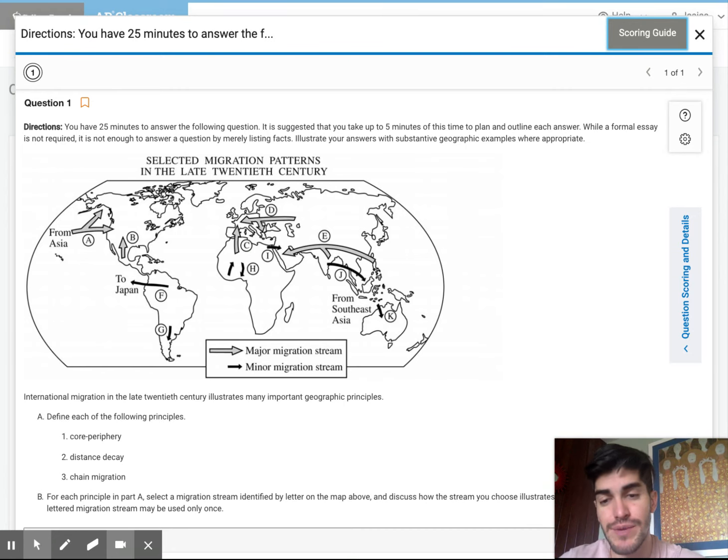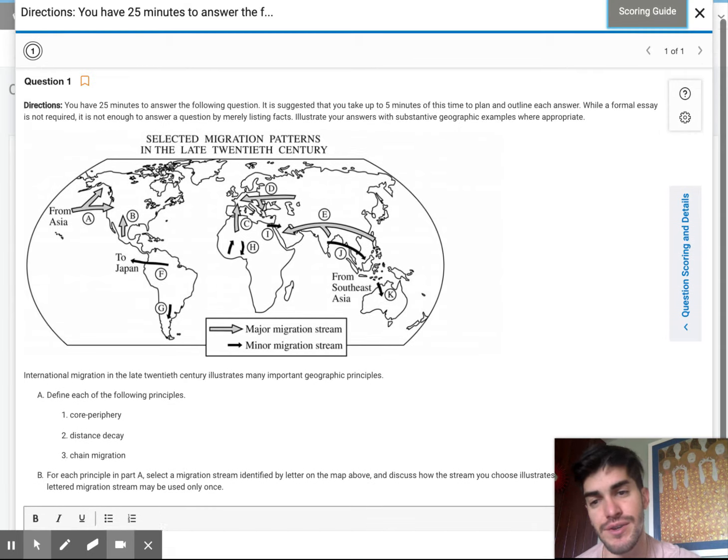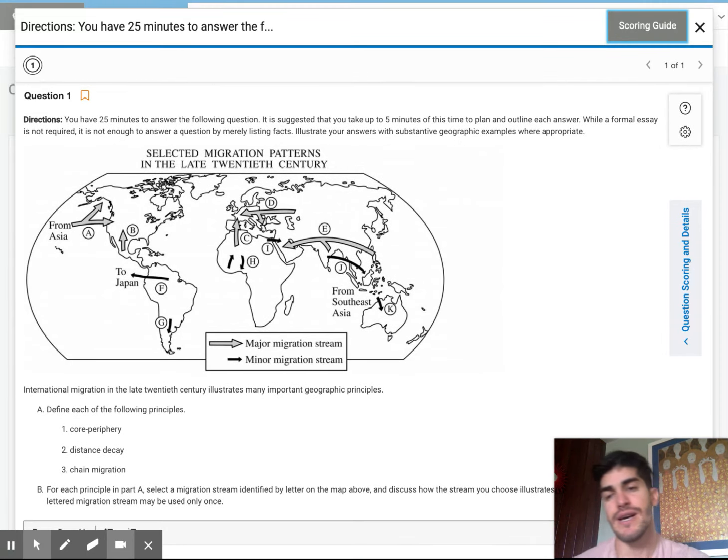When you're on the test, you're not going to have a defined question, but you might have one that just assumes you know the definition. So let's look at this question one, from one that could have worked in this unit, but I didn't assign it. A asks you to define the following principles, and then B asks you to identify a letter on the map and discuss how the stream we chose illustrates the principle. And you can only use each stream once.